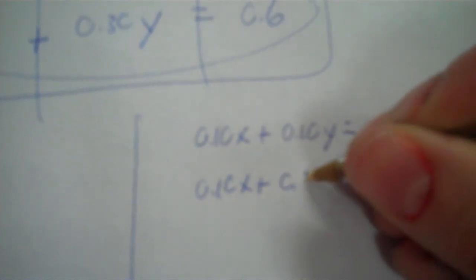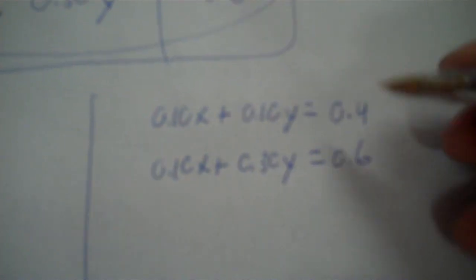So 0.10 times 1x is 0.10x. 0.10 times 1y is 0.10y, and 0.10 times 4 is 0.4. At the bottom, you're just timesing by 1, so it stays the same: 0.10x plus 0.30y, and 0.6 times 1 is 0.6.